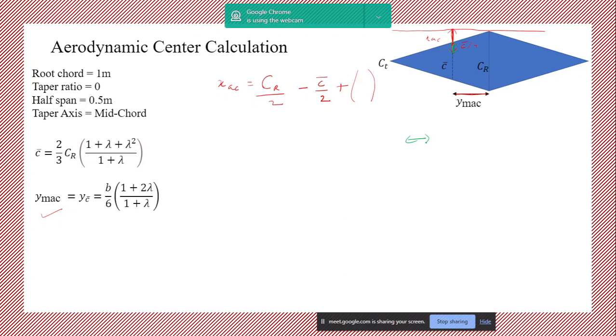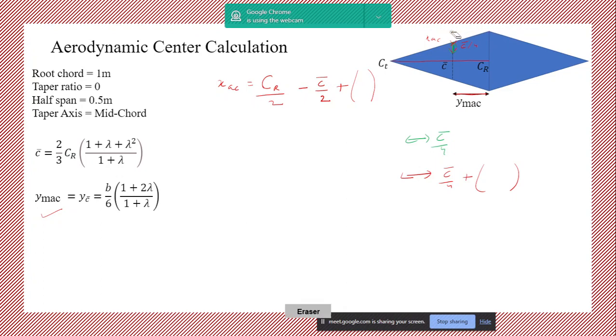The one in green is C bar by 4. Yes, the green color, that length is C bar by 4. What is the red length? It will be C bar by 4 plus some quantity, right? CR by 2 is this entire length.